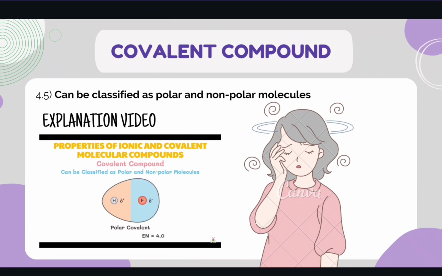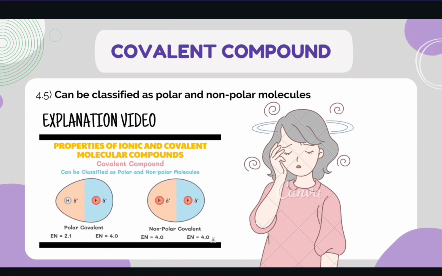Fluorine has an electronegativity of 4.0, while hydrogen has an electronegativity of 2.1. Thus, fluorine is more electronegative than hydrogen, and so the shared electrons spend more time around the fluorine atom, creating a partial negative charge. This kind of bond is a polar covalent bond.